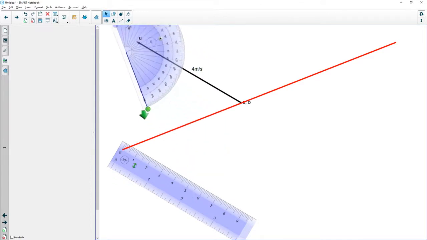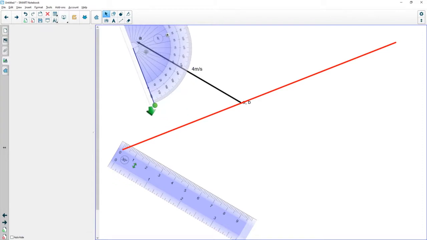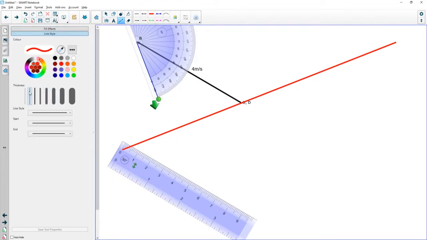Can I get my protractor there? Yes, I can. Because what we want it to do is meet OA. So I'm going to put our third line in here. We're going to put this one in a light blue, and again, just bring it down like that.